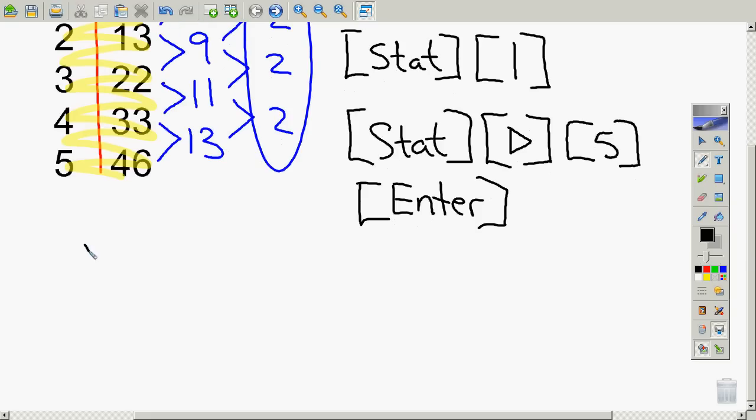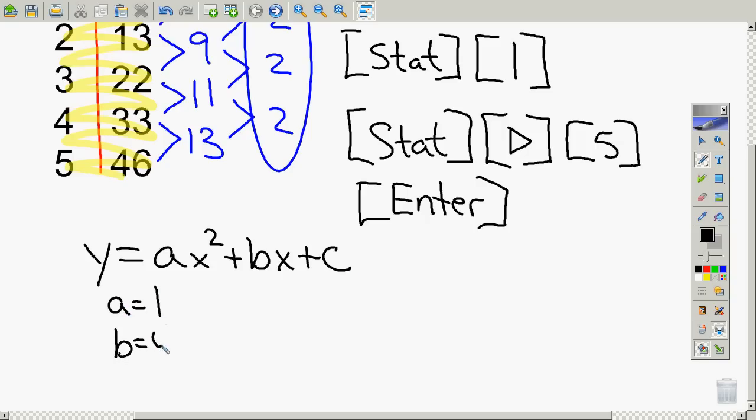It will say y equals ax squared plus bx plus c. That's like the parent function of a quadratic, or that's the standard form of a quadratic. And then underneath it will say a equals 1, b equals 4, c equals 1.